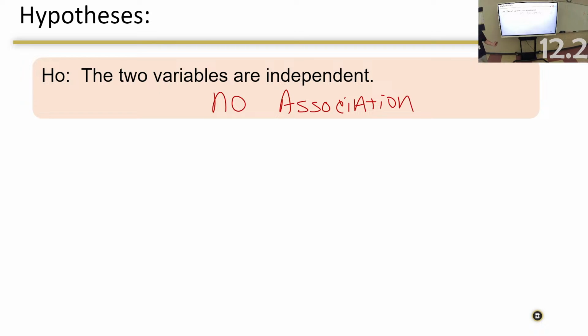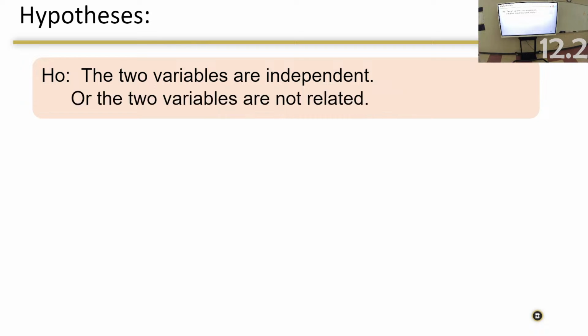Some students don't use independent. Some of them say there's no association between blank and blank, or blank and blank are independent of each other. However you want to say it. But no association means they're independent. If there is an association, it must be dependent on something. A lot of students get that confused. No association is independent.